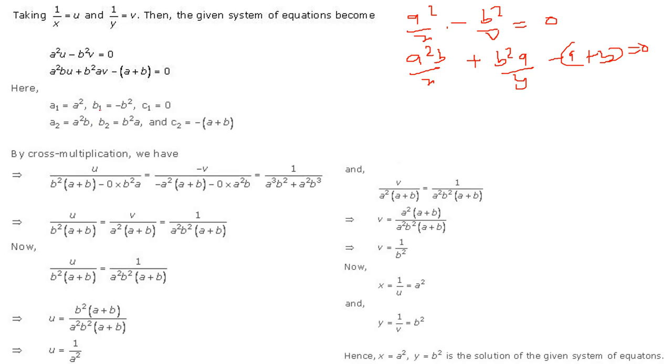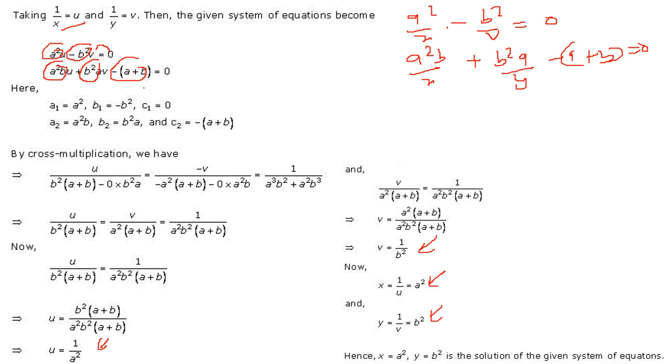Now this is your a1, this is your a2, this is your b1, this is your b2. c1 is 0 and c2 is minus a plus b. Do the cross multiplication and you get u equal to 1 by a square and v equal to 1 by b square. And you just have to reverse, means take reciprocal, because you have taken 1 by x as u and 1 by y equal to v. So just take the reciprocal, it will be a square and b square.